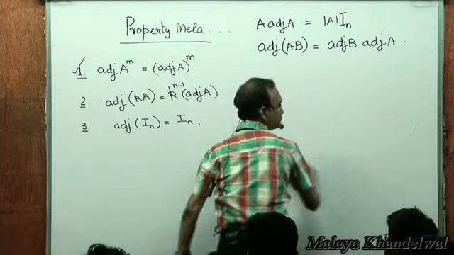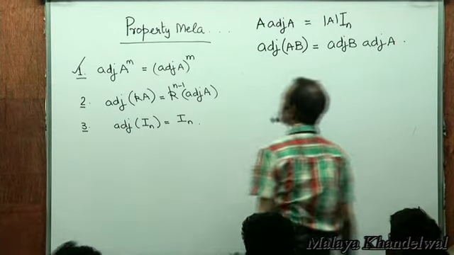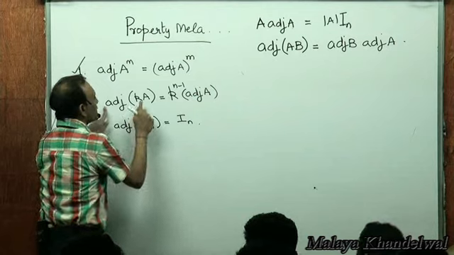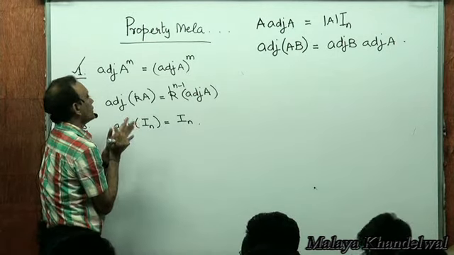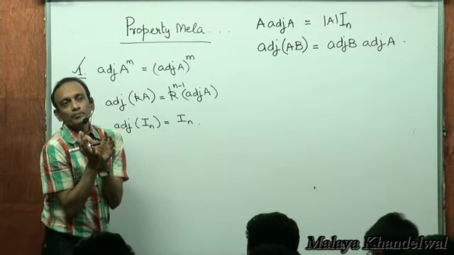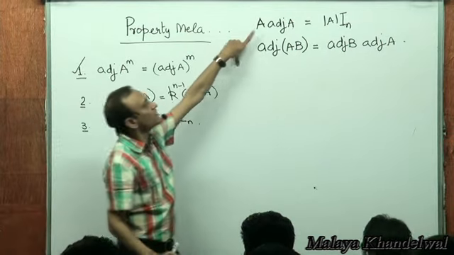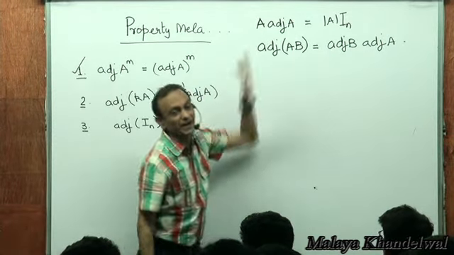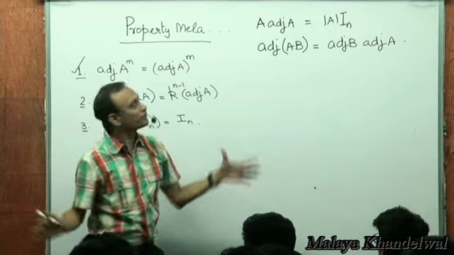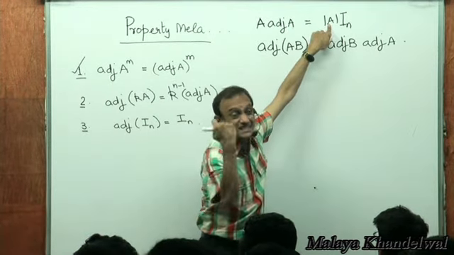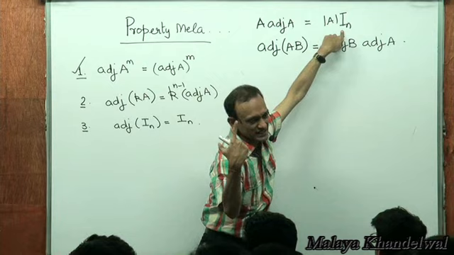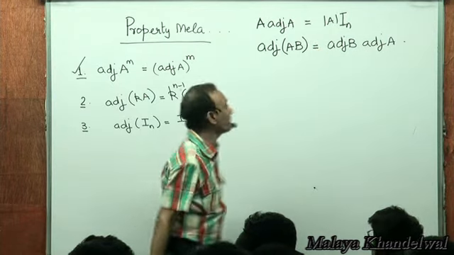Now, look at this result. In terms of the most popular result in adjoint, it is this: A times adjoint of that matrix has a very concrete formation, determinant A, which is a scalar, into the identity matrix In.